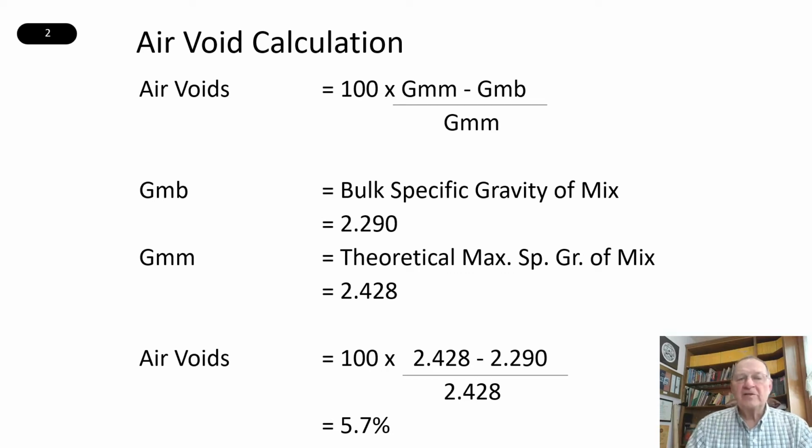So air voids is equal to 100 times the maximum specific gravity minus the bulk specific gravity of the compacted specimen divided by the maximum specific gravity.